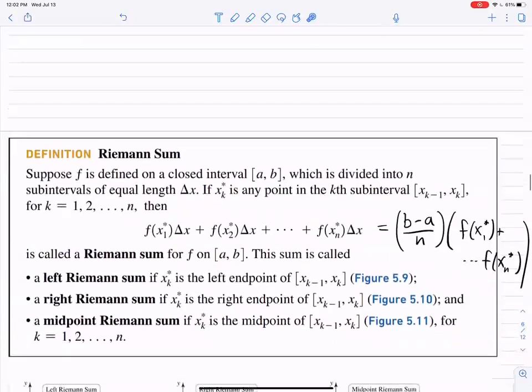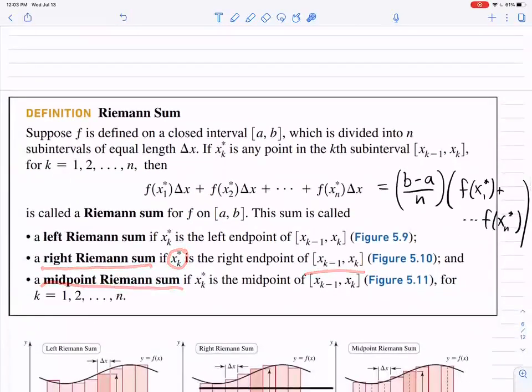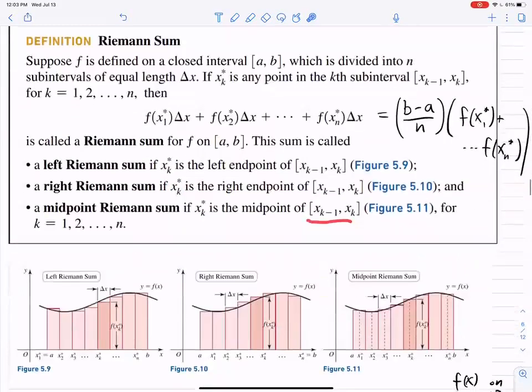The idea is that if you have a function on a closed interval, divide it into n subintervals of equal length, and pick any point in the kth subinterval, then summing up the areas of those rectangles is the Riemann sum, and it's an approximation. It's a left Riemann sum if you pick the left endpoint of the subinterval, a right Riemann sum if you pick the right endpoint, and a midpoint Riemann sum if you pick the midpoint of the subinterval.